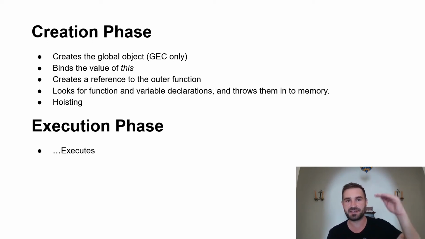It creates the global object. On the slides here it says GEC, global execution context only. So for the creation phase of the global execution context, it's going to make the global object. That would be in the browser like window.